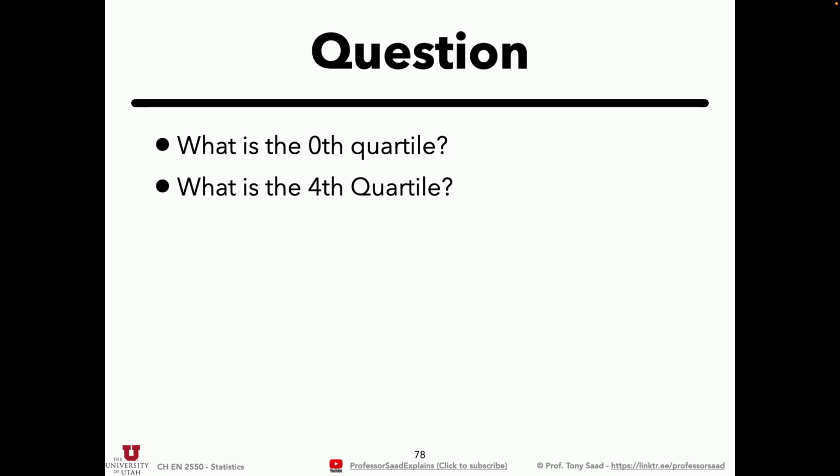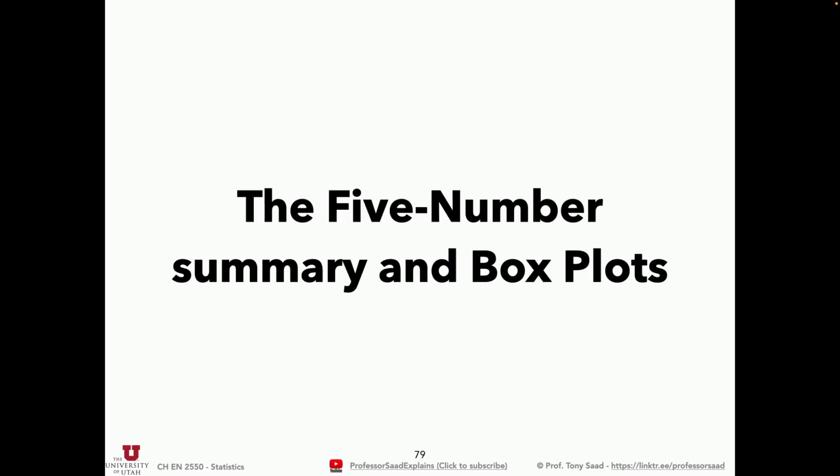So the first quartile is 25%, the second quartile is 50%, the third quartile is 75%, the fourth quartile is 100%. So that's the maximum value, right? What about the 0th quartile? It's not 2%, it's the minimum value, the bottom. Not even 2%. The 2% would be the 2nd percentile, right? Yeah. Let's resume.